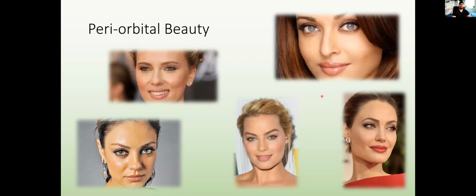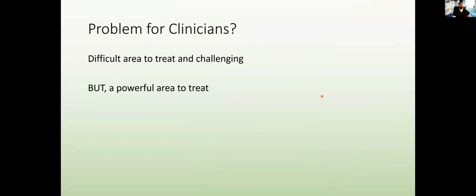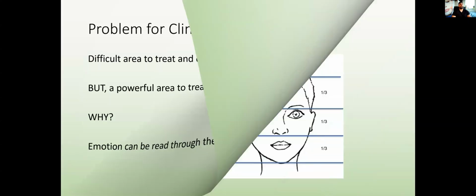And more importantly, if you want to take this one step further, if you look at each of these women and compare the medial canthus to the lateral canthus, you will find that the lateral canthus is slightly more superior than the medial canthus, typically around 10 to 15 degrees more. So a very important point to make here.